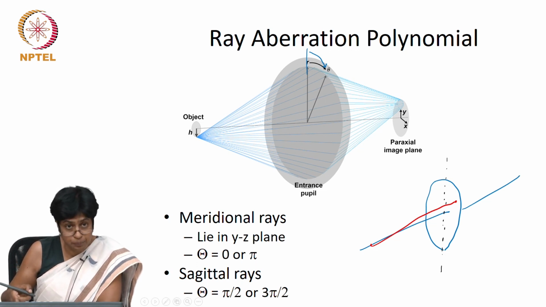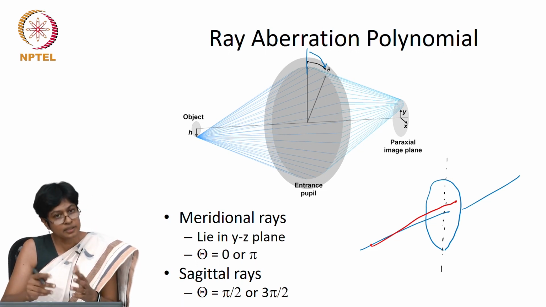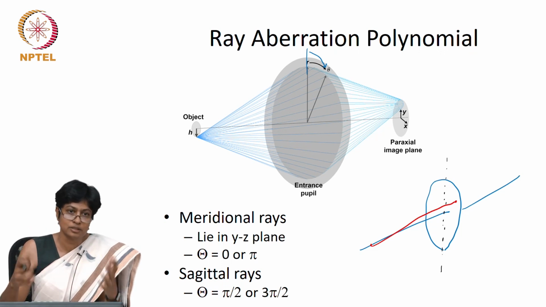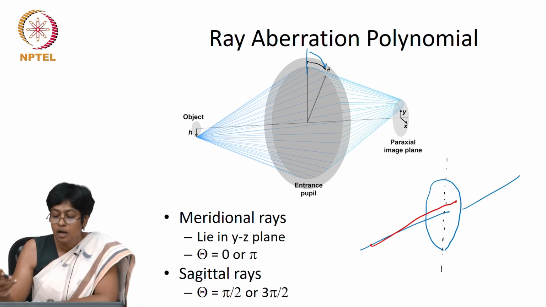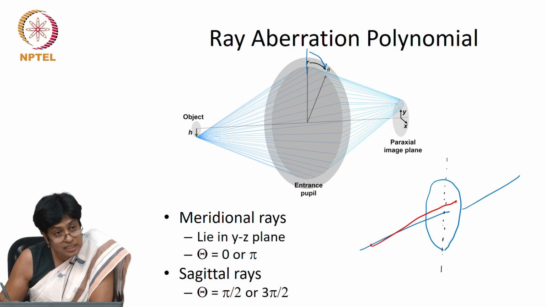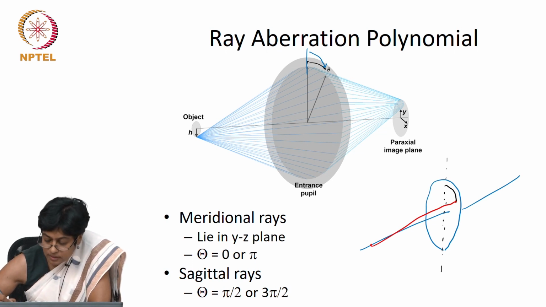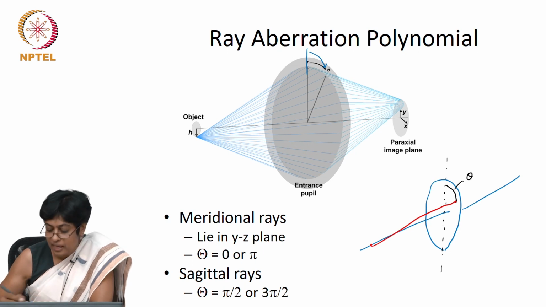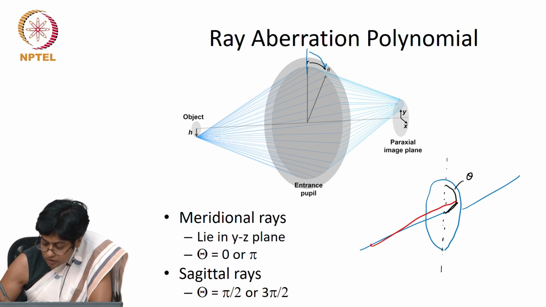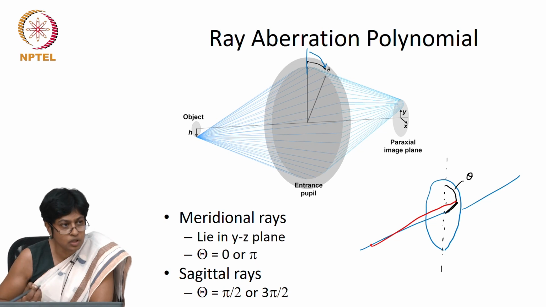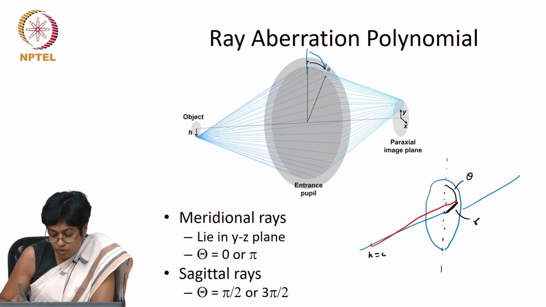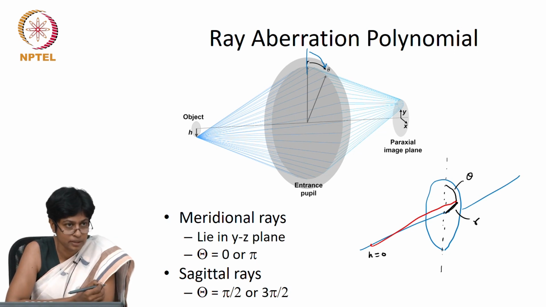This is the entrance pupil of our system. If you consider it to be a single thin lens, it's the entrance pupil, exit pupil, and aperture stop. What are the coordinates here? Well, its angle from the y-axis is theta, and its distance from the origin or the optical axis is r. And h is 0 because we have taken an on-axis point.